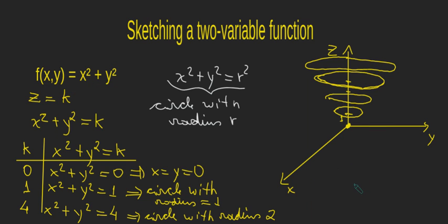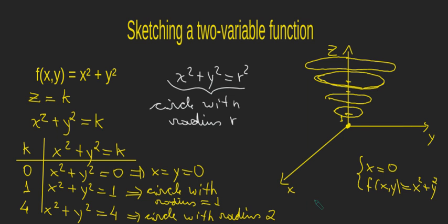In order to do the intersection, let me put it here, x equals to 0. I want the intersection of this with f of x, y equals to x squared plus y squared.